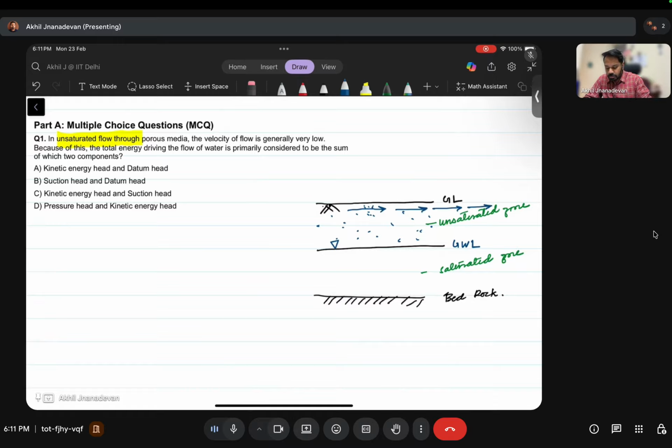This particular flow is called interflow, which was already introduced to you in the very first class. That is flow in the unsaturated zone, where the water moves to the streams or meets nearby rivers. So that particular flow is called interflow, or the flow in the unsaturated zone.